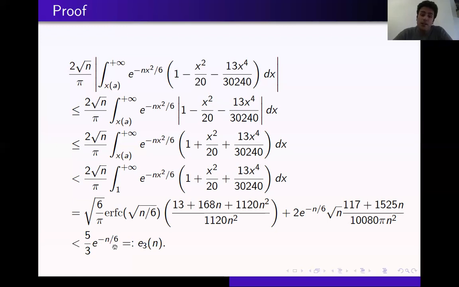Again, this goes exponentially fast to 0 in the value of n, in the dimension n. All in all, we are almost done. So what we did so far is the following. The sequence, we approximated by the value I-a of n plus the first error term.